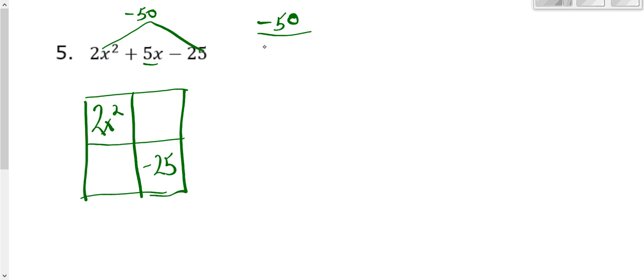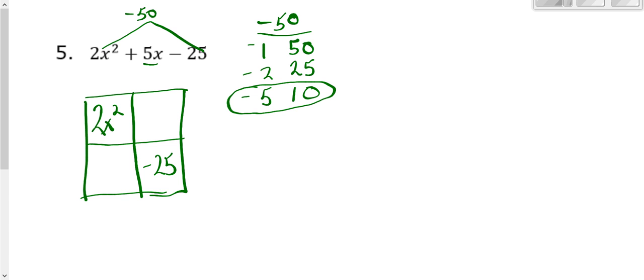So I, of course, have 1 and 50. I have negative 2 and 25. I have negative 5 and 10. And negative 5 and 10 also can make me positive 5. So negative 5x and 10x.